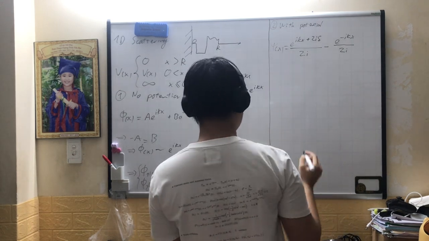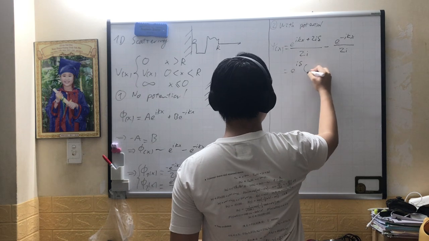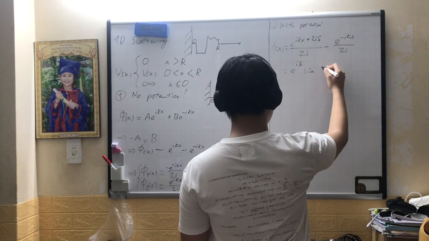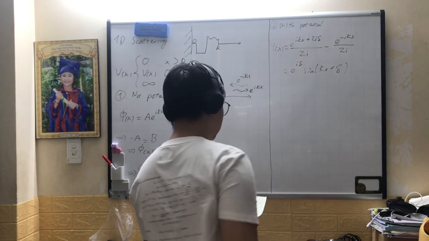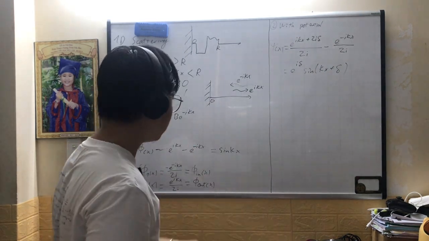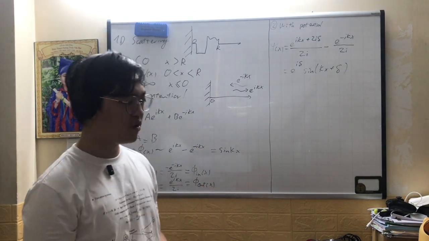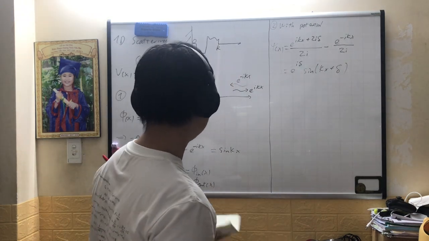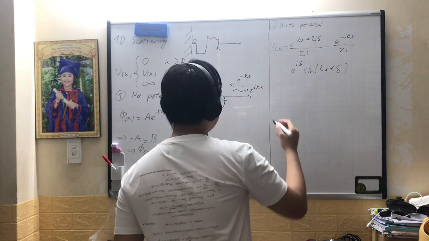So you can write it as e^{i delta}, factor that out, times a sine function of kx plus delta. These two you can see are essentially the same thing, with the only difference being the phase. What you want to do now is find its square amplitude.